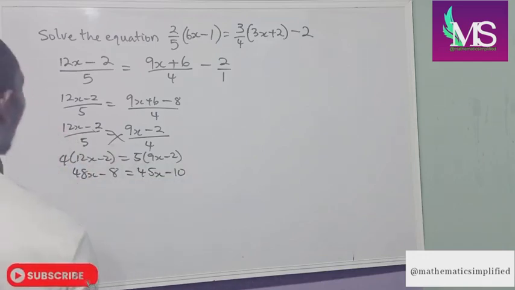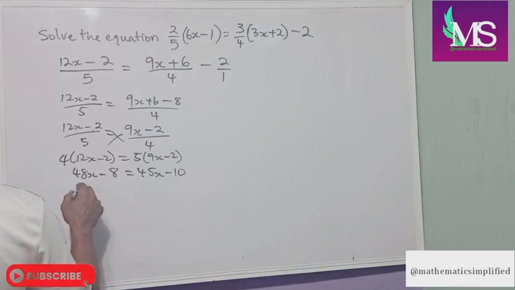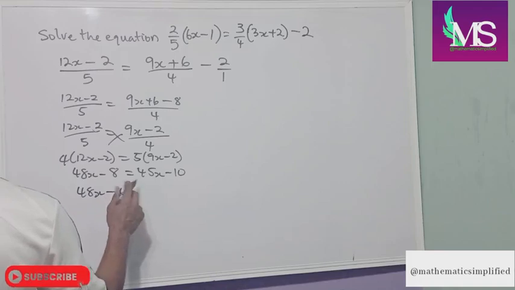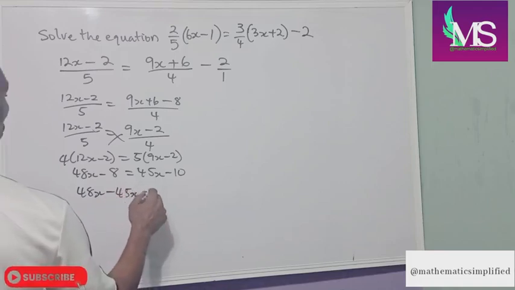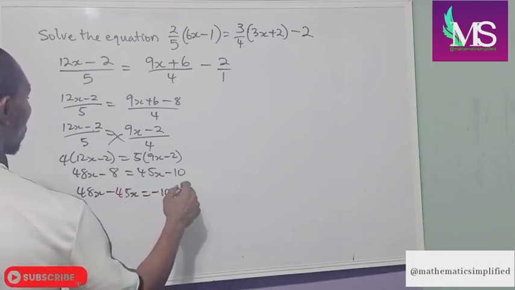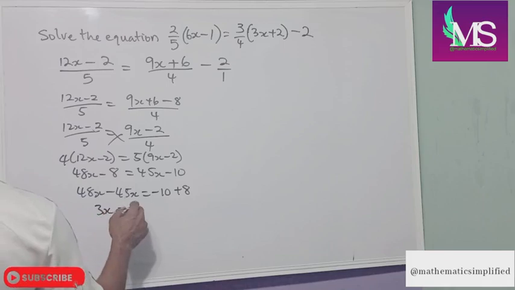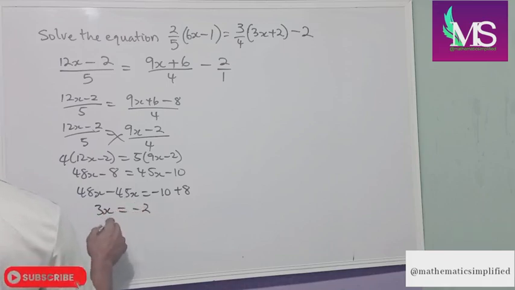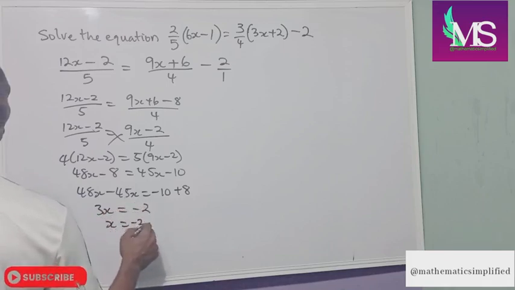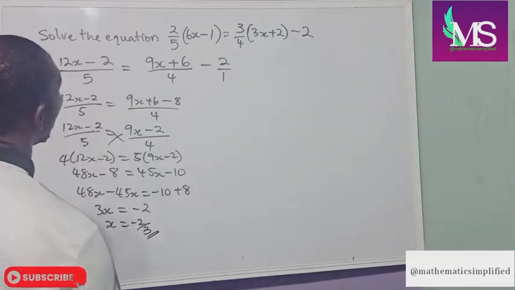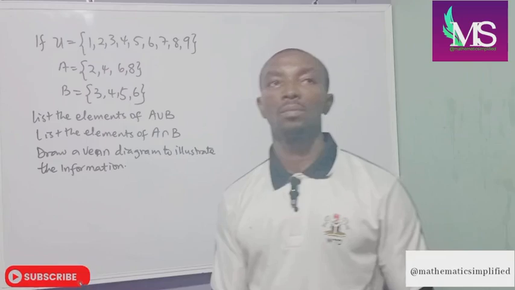Now collecting like terms, this will become 48x minus 45x equals minus 10 plus 8. So 3x equals minus 2. So our x equals minus 2 over 3. That will be the value of our x. X equals minus 2 over 3.